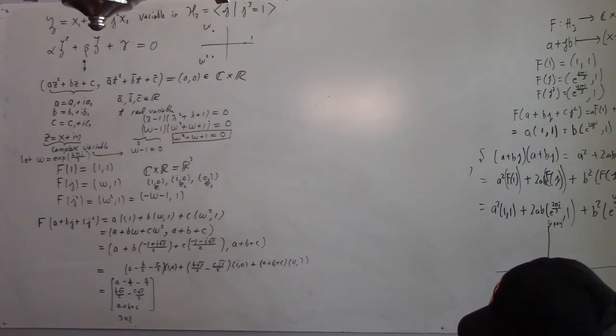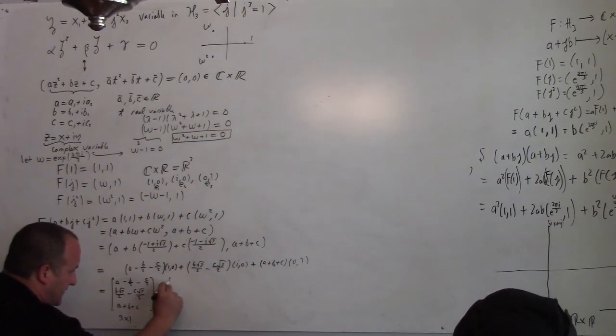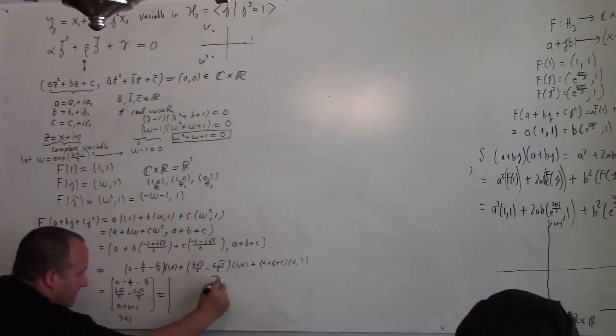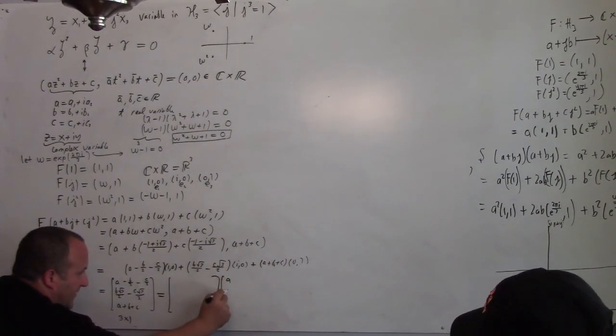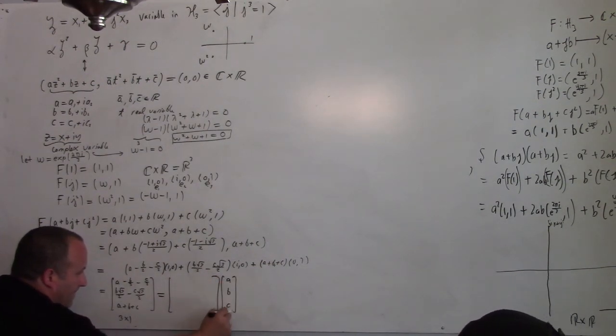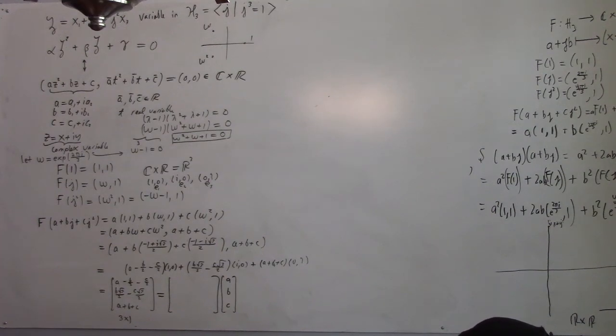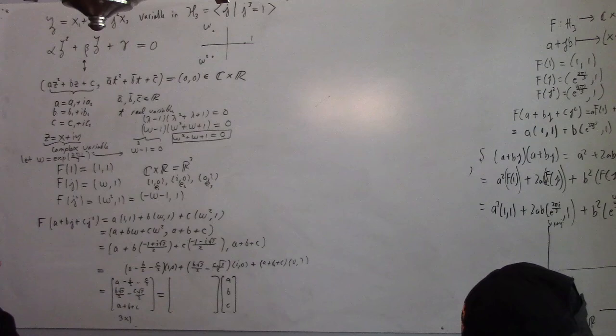And now we can write the matrix of this map, taking a, b, and c out.